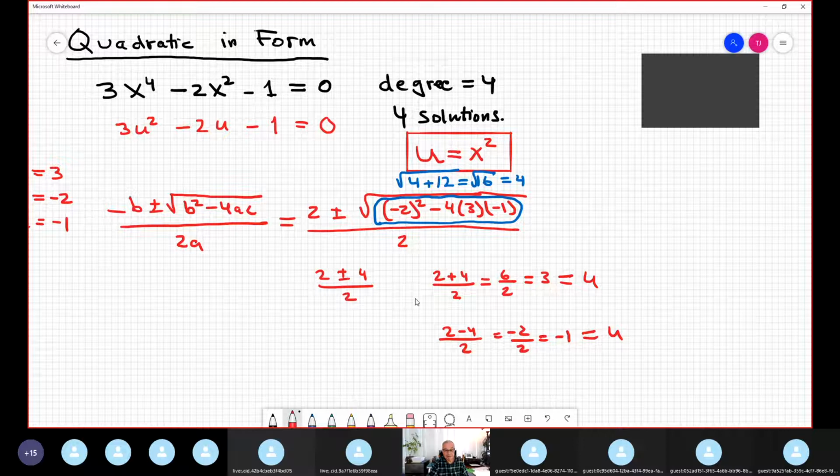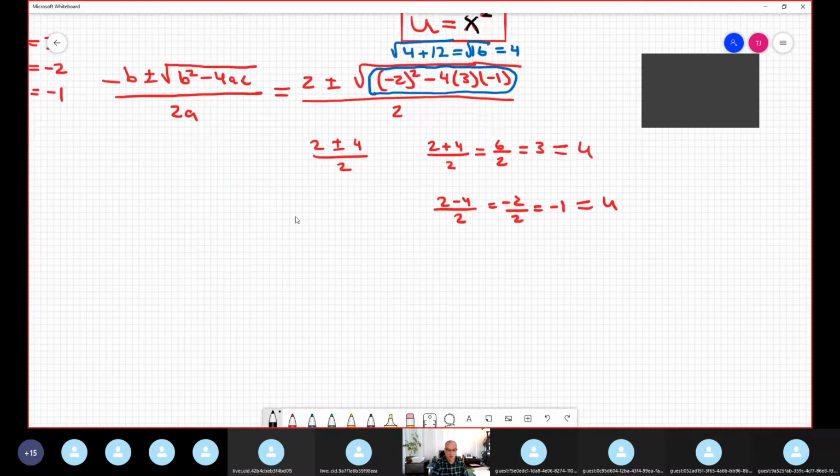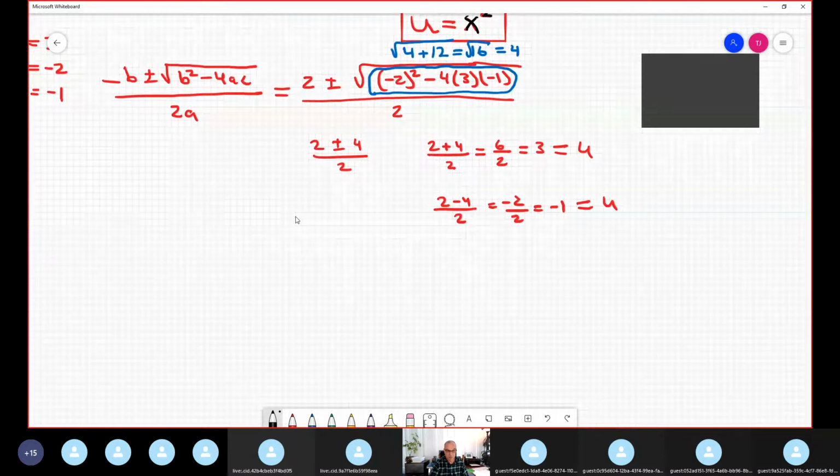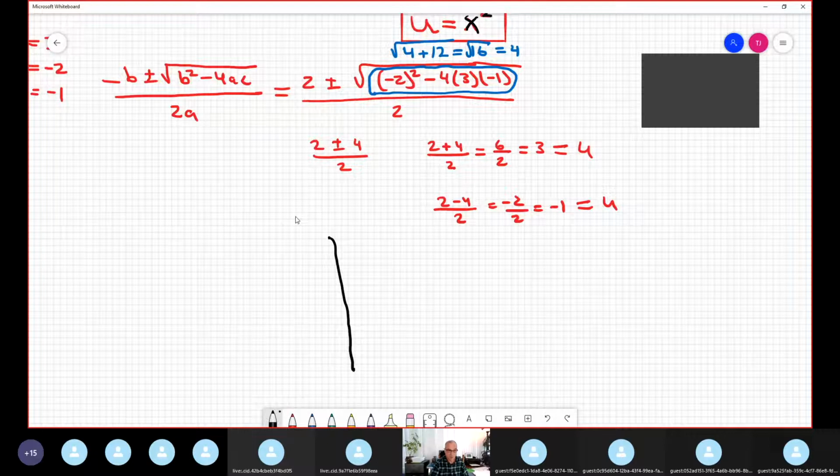But I need x. See, I need the x value. I use this substitution. Okay, in this moment you split the paper into parts, for u equal 3 and for u equal negative 1.